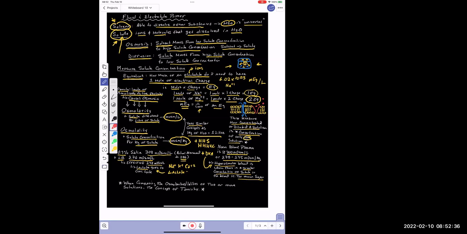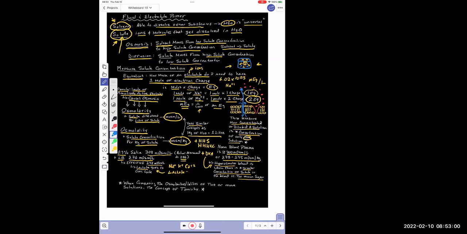And so what happens is, if you have a whole lot of solute accumulating outside of the cell, that's going to effectively exert osmotic pressure. It is going to cause osmosis. And so that will tend to pull water out of the cells, right?